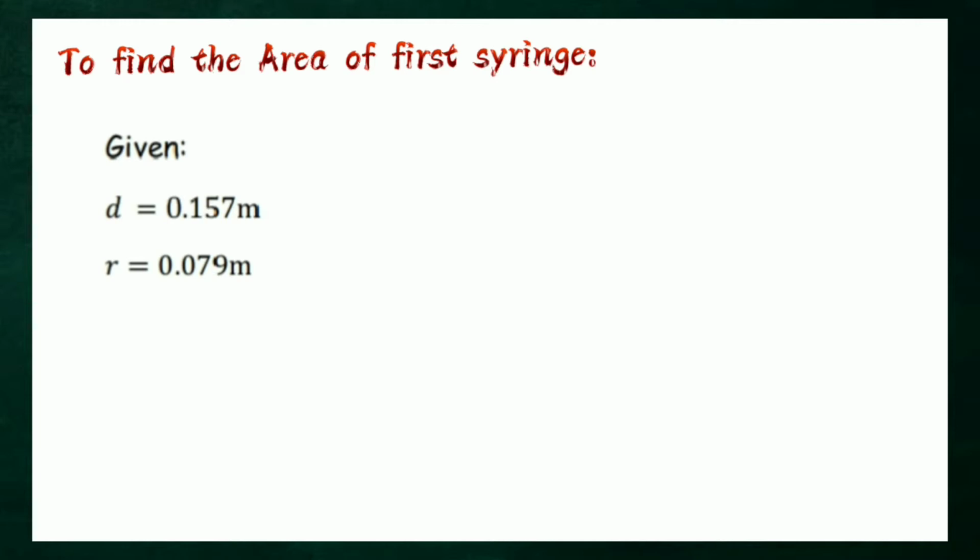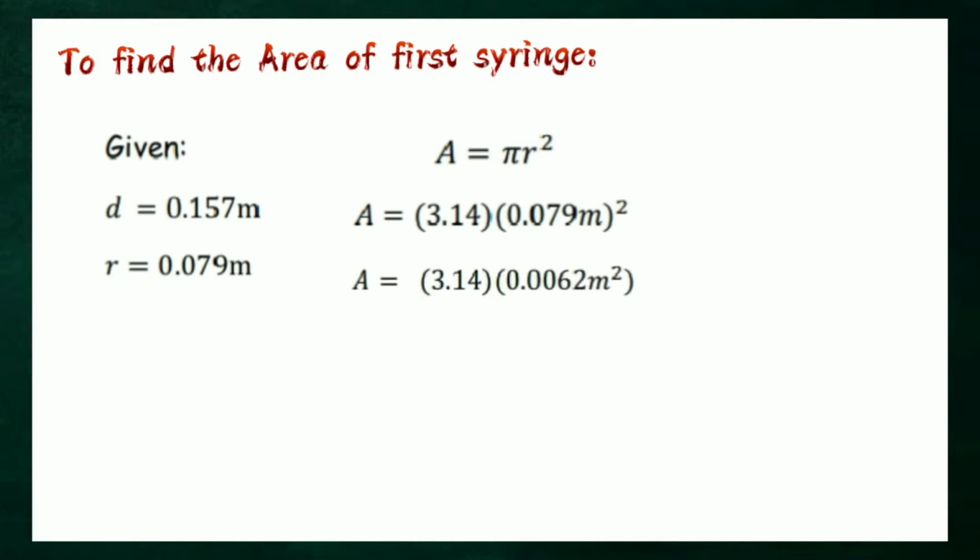We'll use the formula area is equal to pi r squared. Substituting the value of pi and the radius of the first syringe, area is equal to 3.14 times 0.079 meter squared. Squaring the radius, area is equal to 3.14 times 0.0062 square meter.